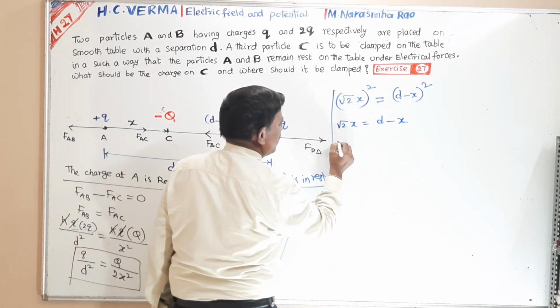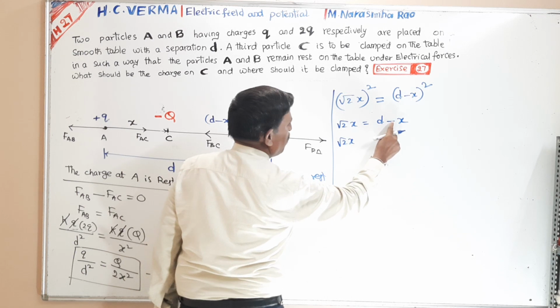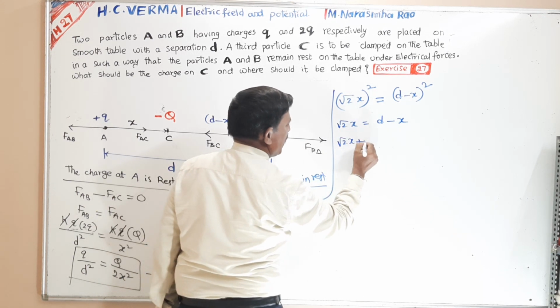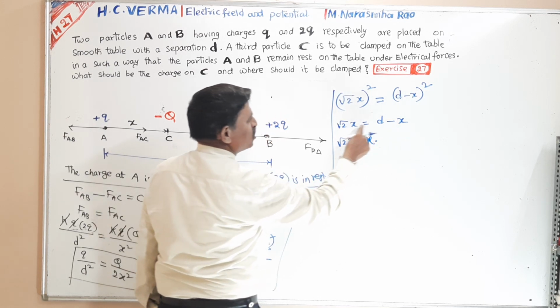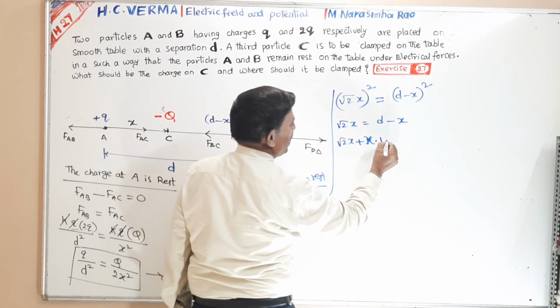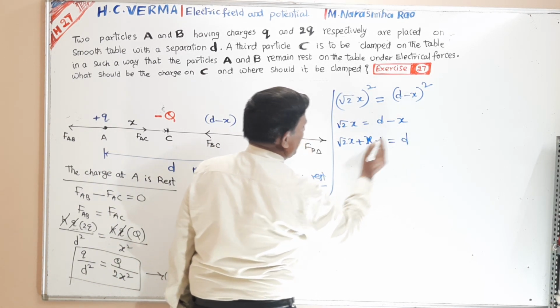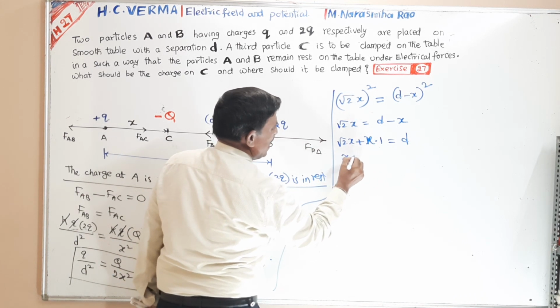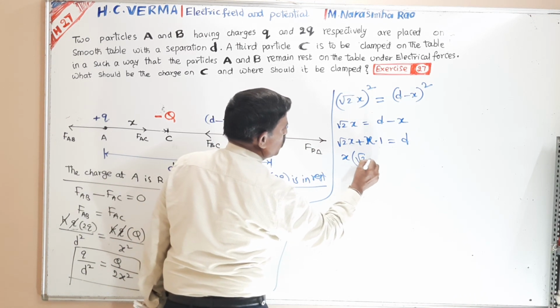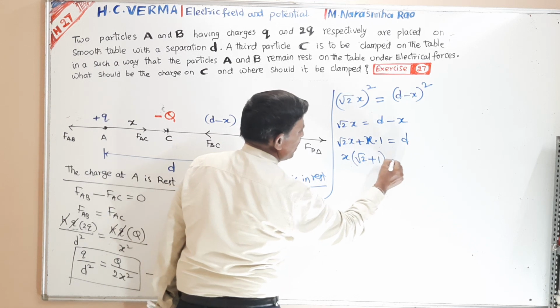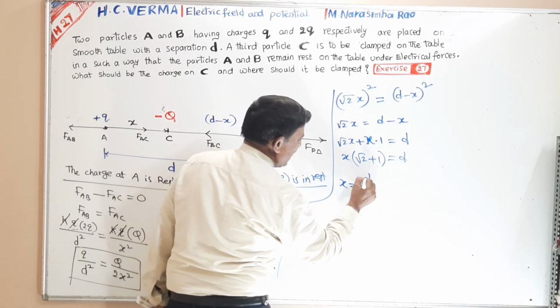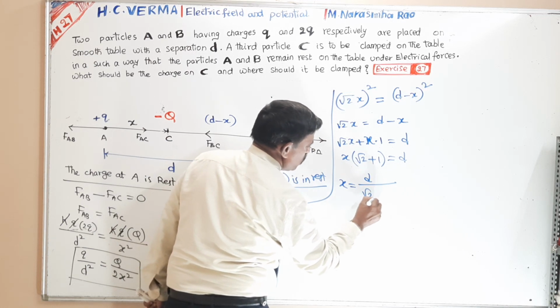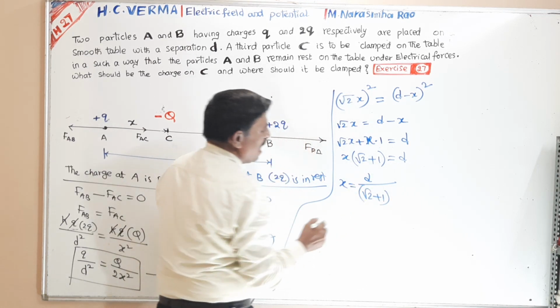Now please listen. Root 2x, minus x comes to this side plus x. No one is there, I am writing 1, that is equal to D. X common: root 2 plus 1 is equal to D. X is equal to D by root 2 plus 1.